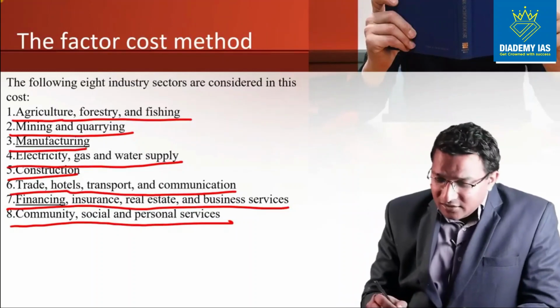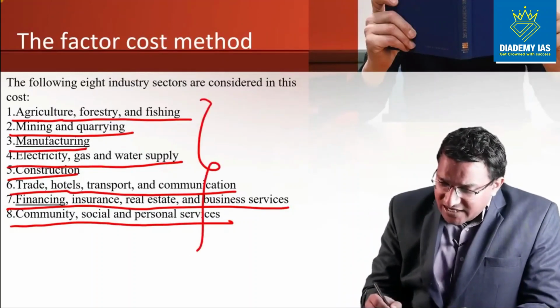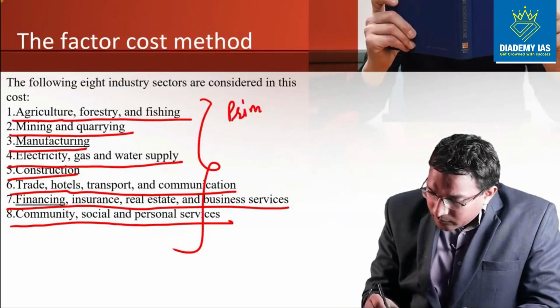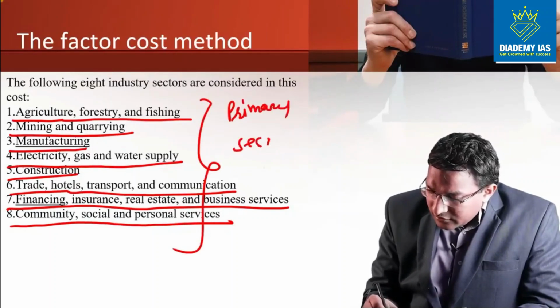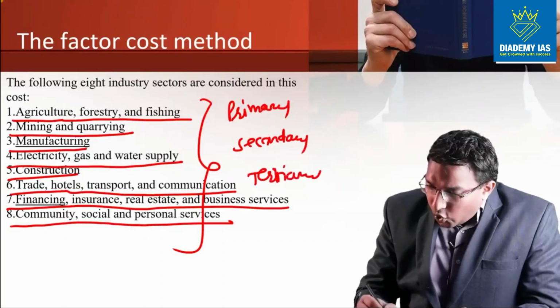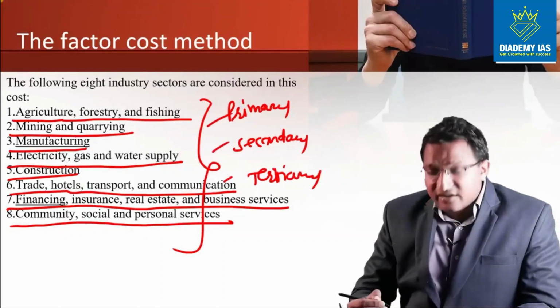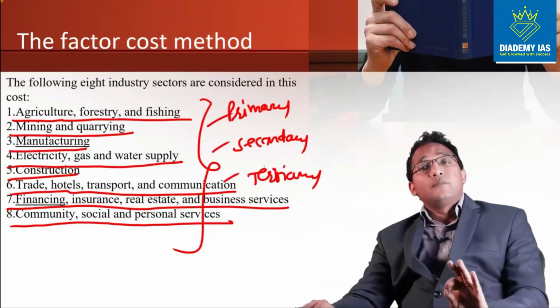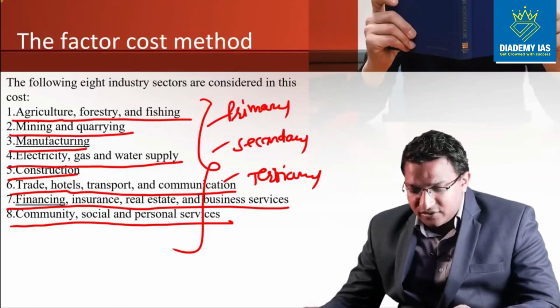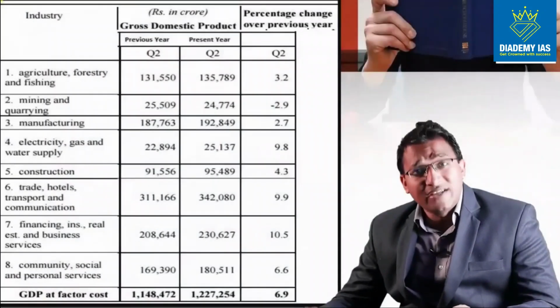You just keep in mind that these 8 sectors include the primary, secondary and tertiary. All 3 sectors, primary, secondary and tertiary, are part of this factor cost method. So this is how we calculate.